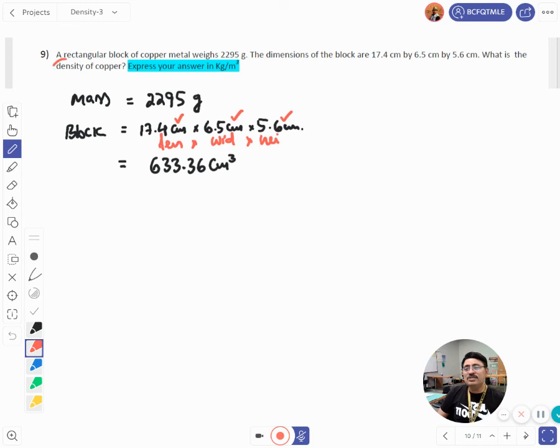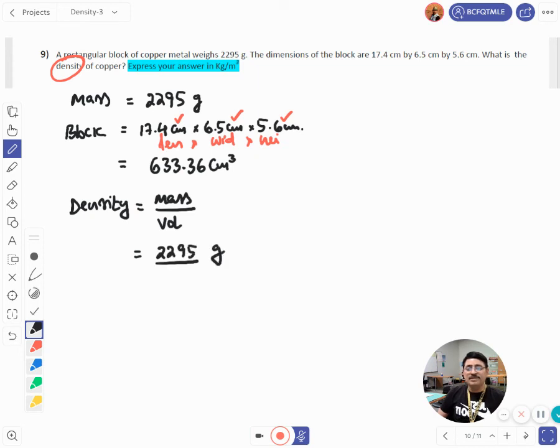Now the question is, what is the density? Density equals mass per volume. Let me plug in these numbers: 2295 grams over 633.36 cubic centimeters.